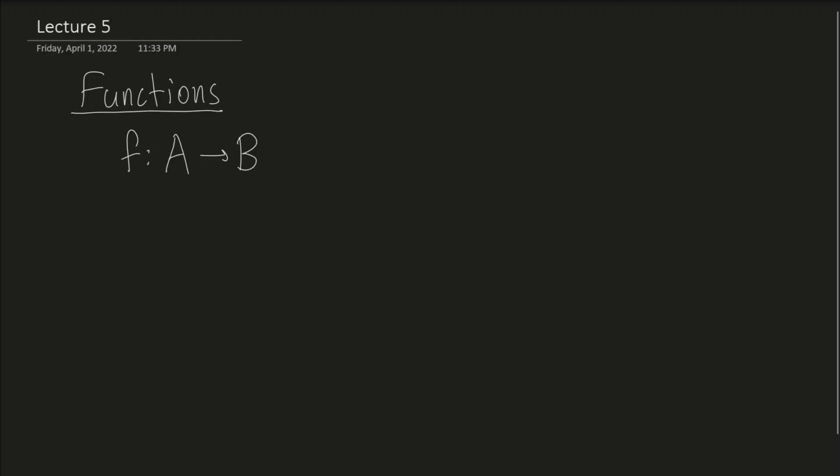This is our function f, and it tells us it maps elements of A to elements of B. So this f from A to B is an object that maps elements of A to elements of B.